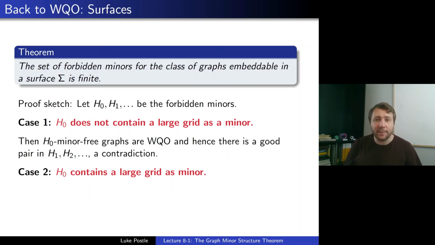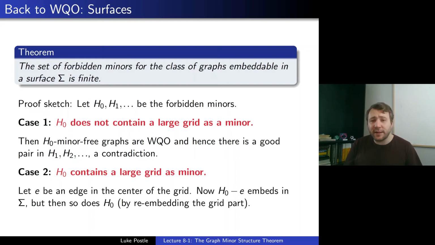Case 2, H0 contains a large grid as a minor, and then the key is you again take an edge in the center of the grid and delete it, now you embed in sigma, but then so does H0 if you re-embed the grid part. So I won't go through that. You can check DSTL for a sketch of this proof using facts about topology and how large grids would have to embed in a surface. But again, you see the dichotomy by seeing whether or not you contain a large grid as a minor.